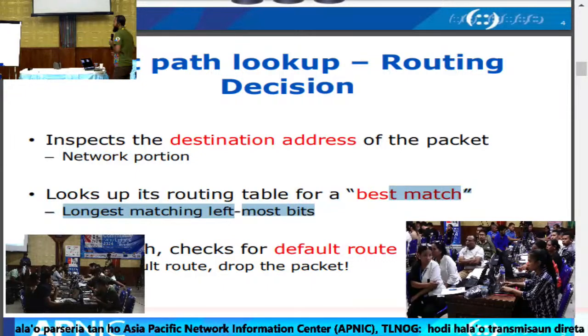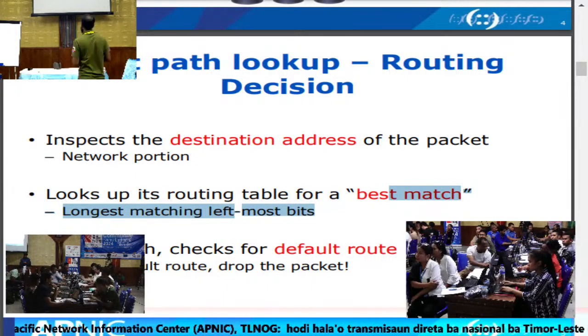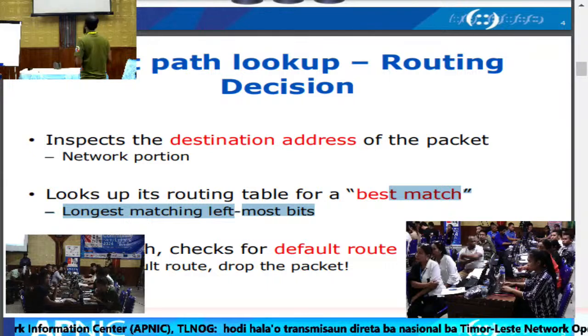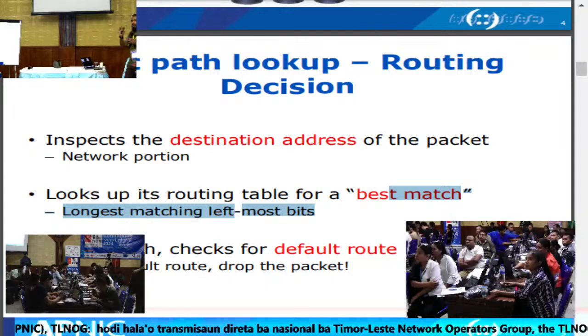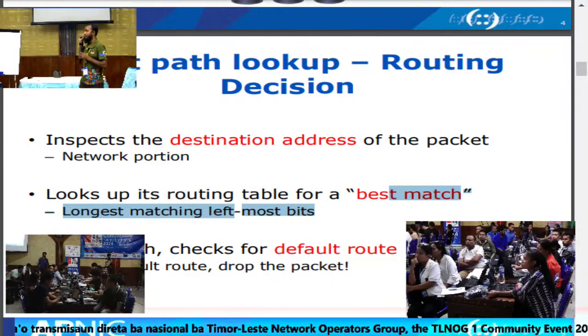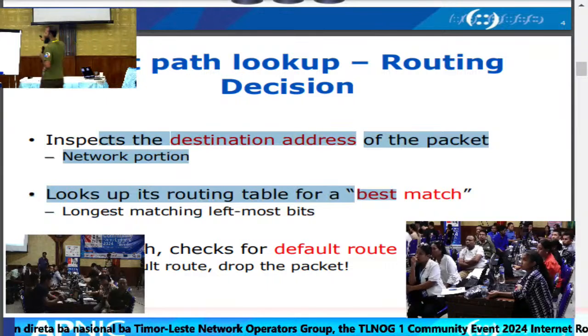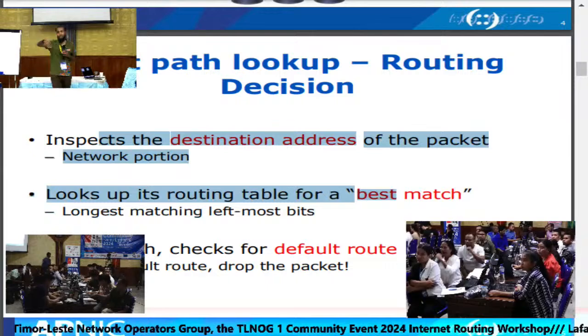Now, how the best path is selected, what I said in theory, here is an example, and it is with an IPv6 address. So let's say, and I understand I have some challenges understanding the IPv6 address here. I'd probably give an example with IPv4 here. But the next session is on IPv6.